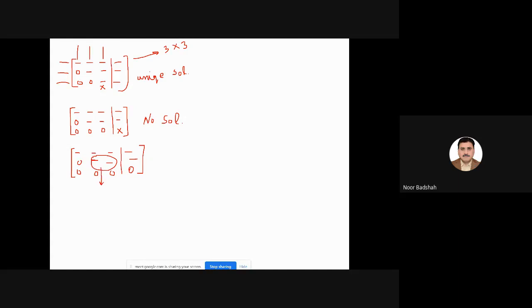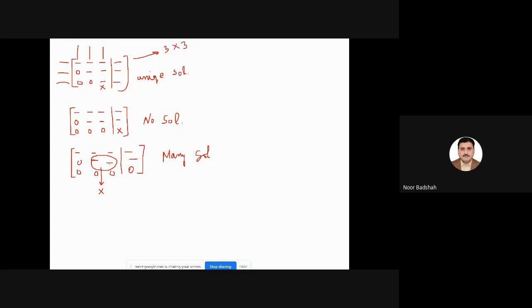If one of these is a non-zero, there will be many solutions. Both could be non-zero as well. If this is 0 and this is non-zero, many solutions. This is non-zero, this is 0, many solutions. Both are non-zero, many solutions.